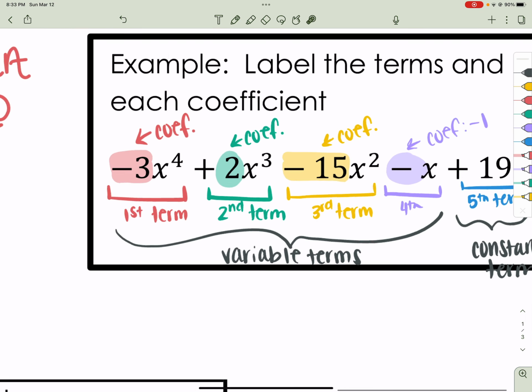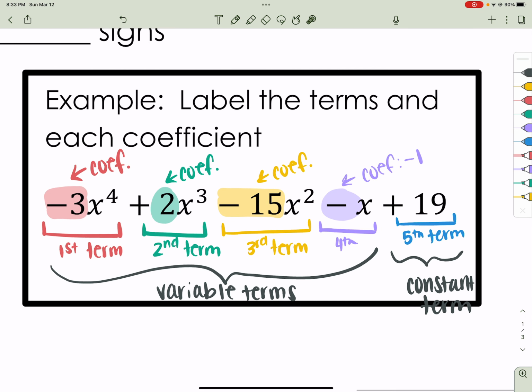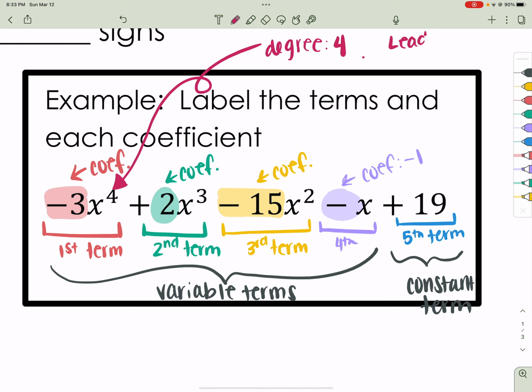So here in this example, going back to this one, negative 3x to the 4th, because x to the 4th is my largest exponent, the degree of this polynomial would be 4, and the leading coefficient, the coefficient associated with that term, would be negative 3.